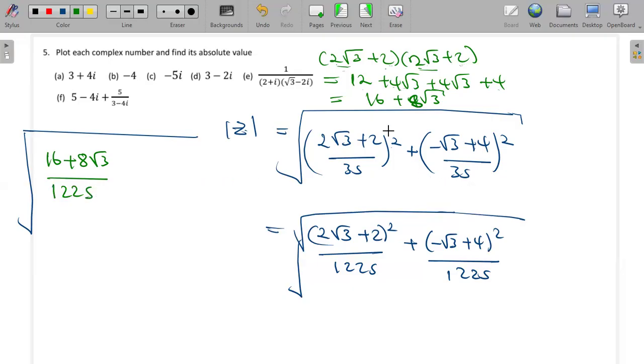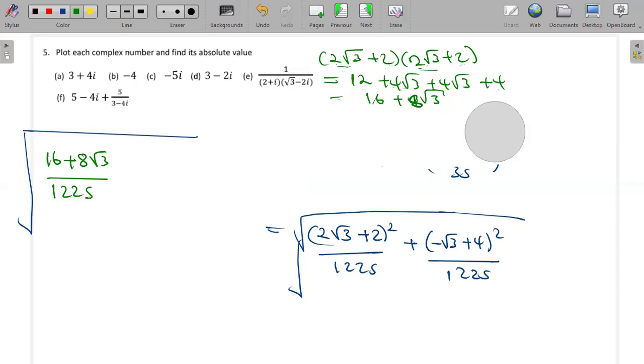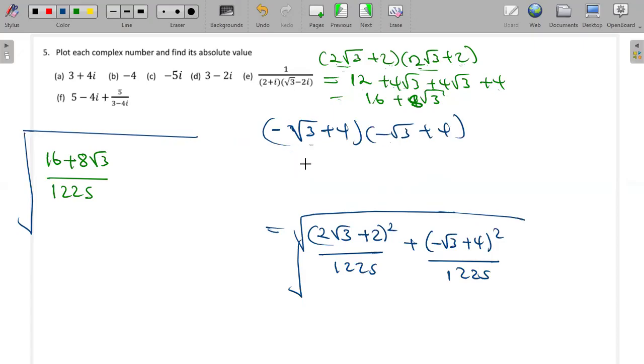Then let's expand that one there. We're expanding negative root 3 plus 4, squared. Negative root 3 times negative root 3 gives positive 3.